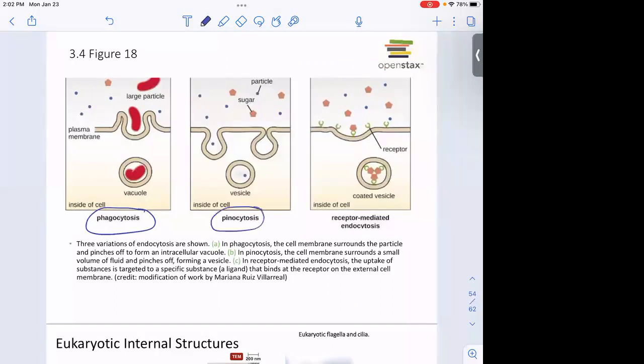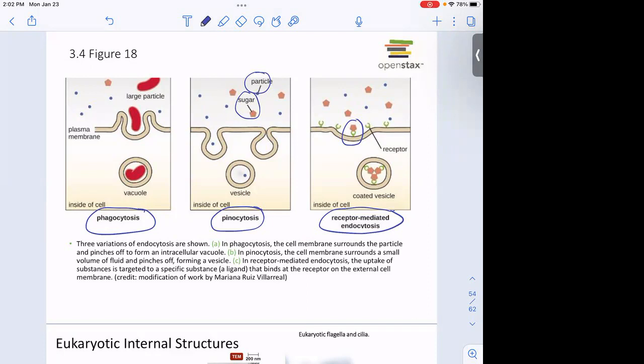Pinocytosis, it could be sugars or things that are dissolved in some kind of liquid that get ingested. And then with this receptor mediated endocytosis, there's going to be some kind of receptors that recognize whatever particle. Again, this could be a virus, and that triggers the endocytosis.